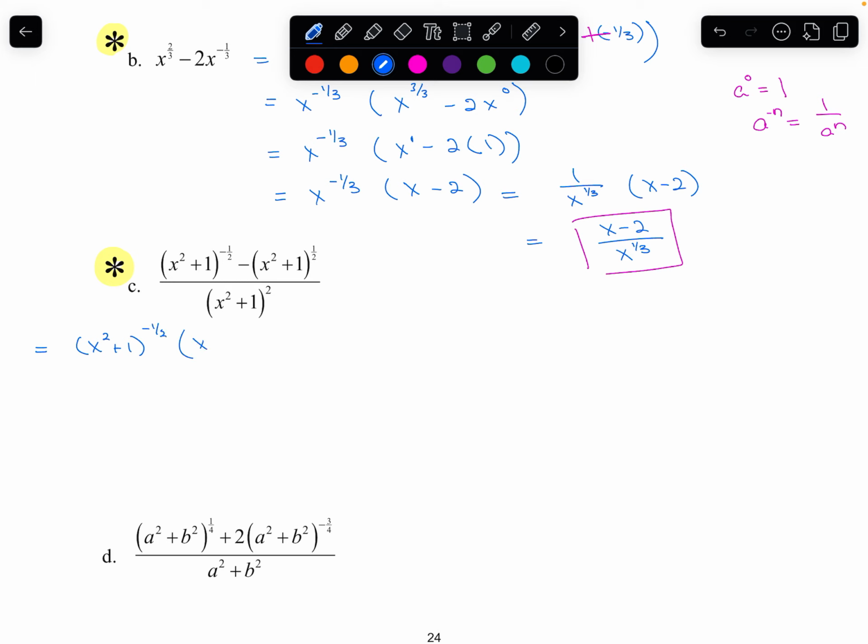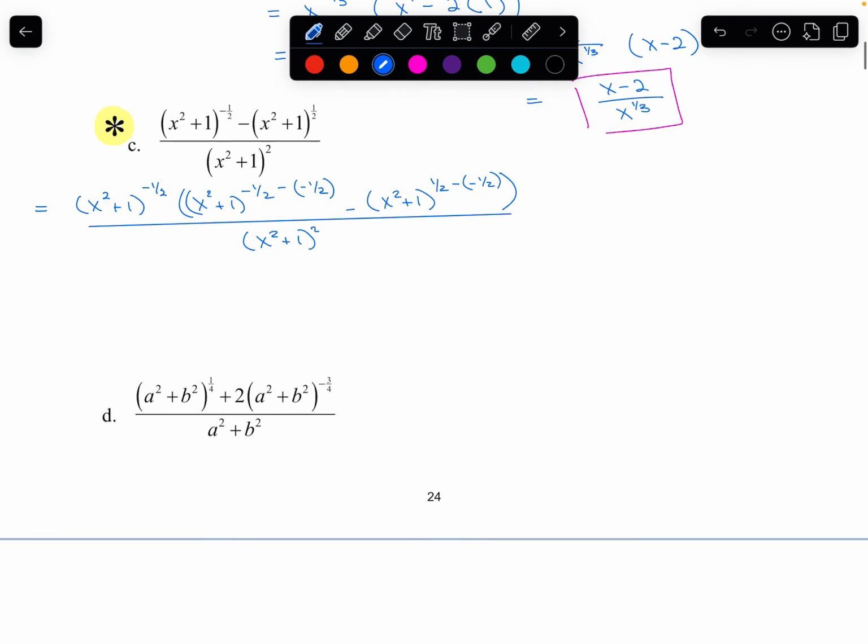Remember, when we do this, we're really subtracting what we factored out. Minus negative 1/2, minus x squared plus 1 to the 1/2 minus negative 1/2, all over, let's not forget our denominator, x squared plus 1 quantity squared.